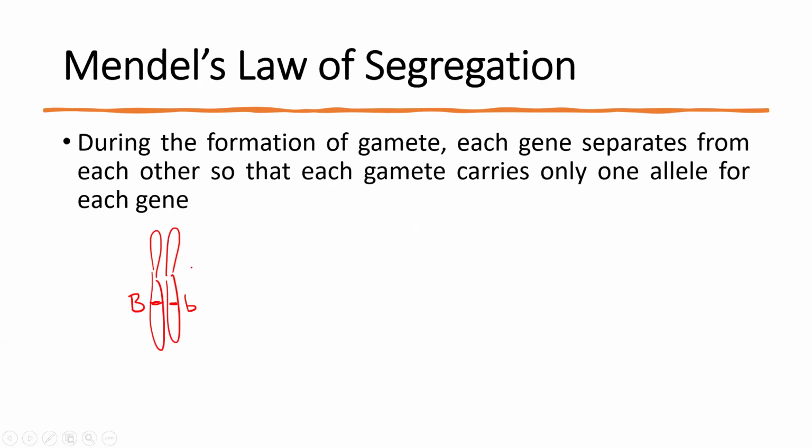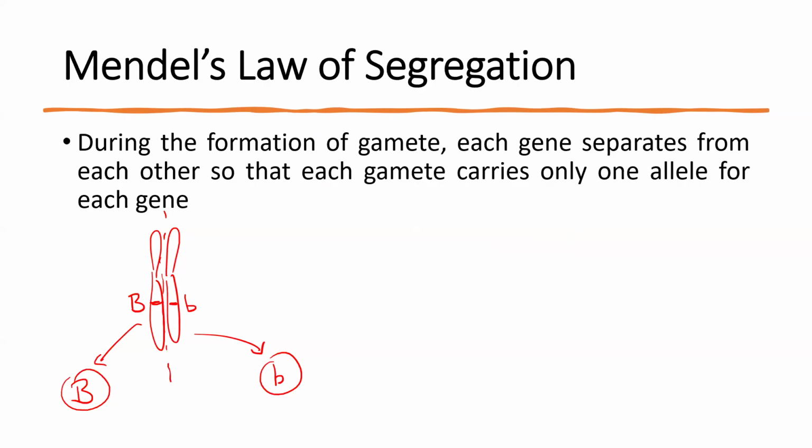When you produce the gametes, these chromosomes will separate from each other in anaphase, and one gamete, sperm or egg, will carry the small b, and the other will carry the big B. So even though you have two alleles, you cannot pass both of them to your future generation. You can only pass one of them. The fact that the alleles separate from each other, another word for that is segregation. That's what this law means.